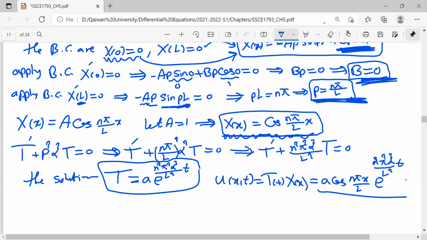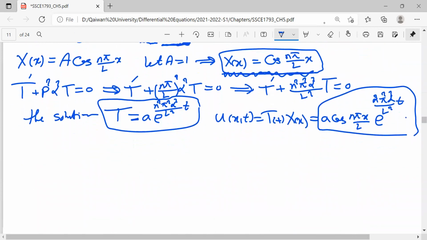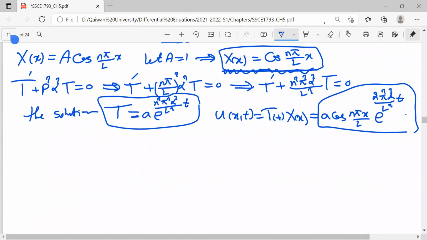This is u of x,t. But here u_n of x,t is a_n cosine n pi x over L times e to the power n squared pi squared alpha squared over L squared t.